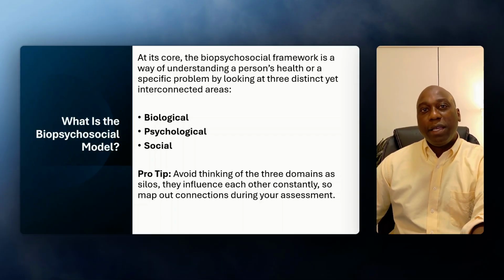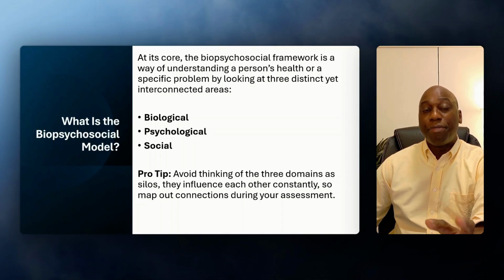So, what is the biopsychosocial model? The biopsychosocial model is a way of understanding a person's health or a specific problem by looking at three distinct yet interconnected areas. As mentioned a few minutes ago, one of them is biological, the other is psychological, and the third one is social.